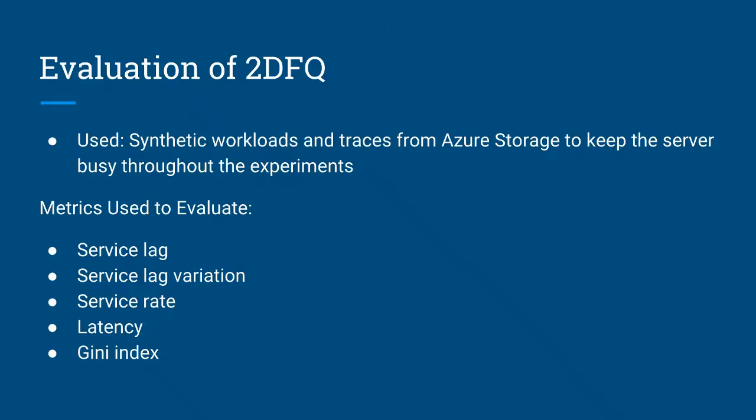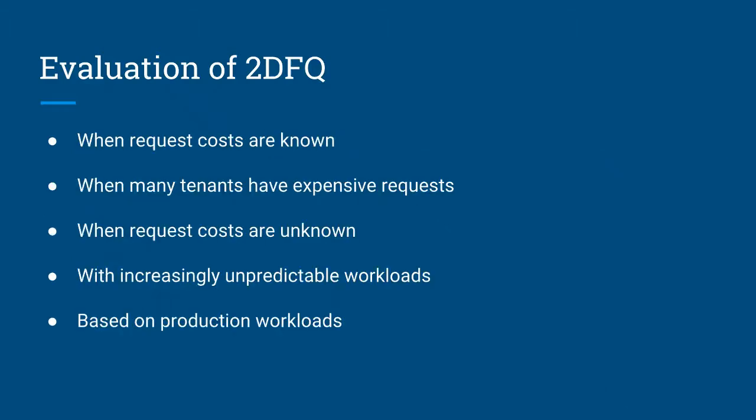So that's how the authors measured latency at the 99th percentile. And the Gini index is the instantaneous measurement of the scheduler fairness across all the tenants.